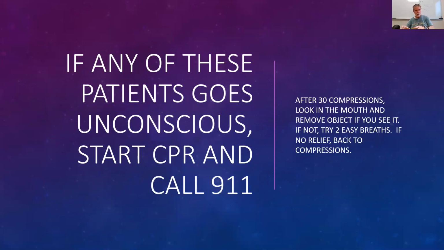But when they're unconscious, call 911 and go straight into CPR. Your biggest modification is when you get done with compressions, visualize the airway and only take something out if you can actually visualize it. You do not want to do what's referred to as a blind finger sweep. That's just potentially dangerous and can lodge that object further down into the patient's airway.